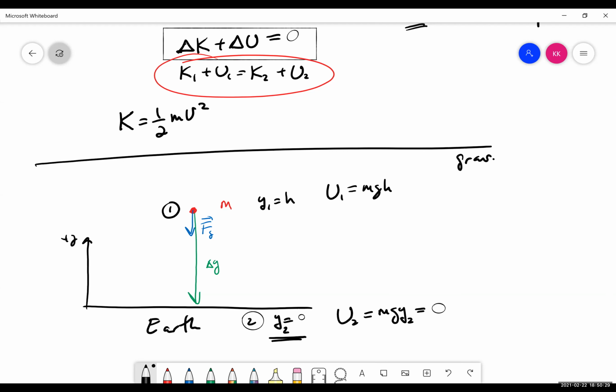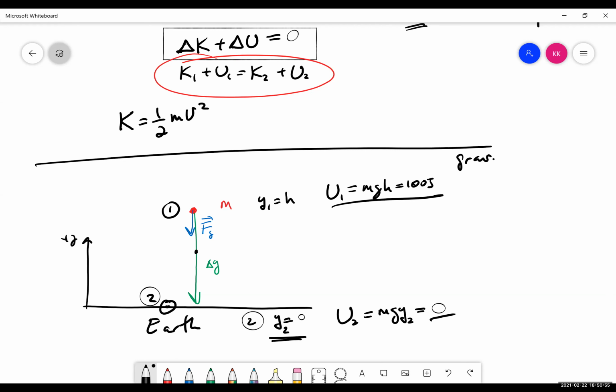That means, for example, we have 100 joules. That's the gravitational potential energy at point 1, and at point 2 it is 0. When the object of mass m goes from point 1 to point 2, the potential energy decreases, right? Because it's 100 here, and as it's going down, potential energy decreases.